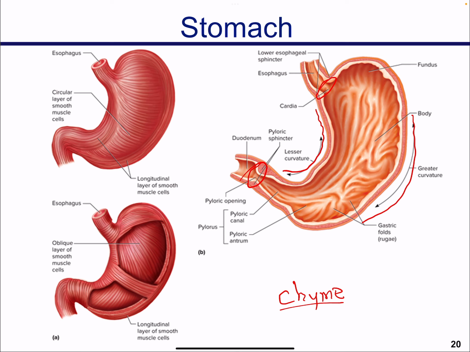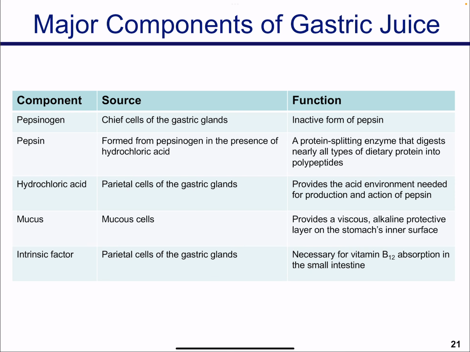The top part of the stomach is called the fundus, okay? And here you have some grooves and ridges, okay, that are called rugae. Rugae, okay? So these are some terminologies you need to remember.